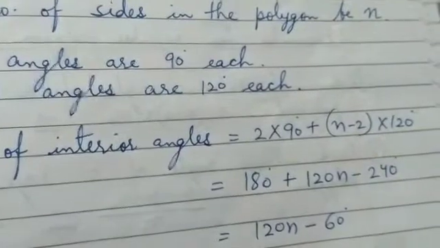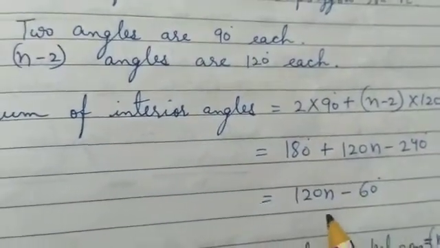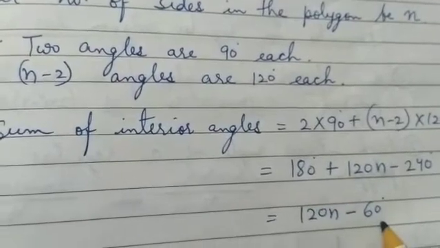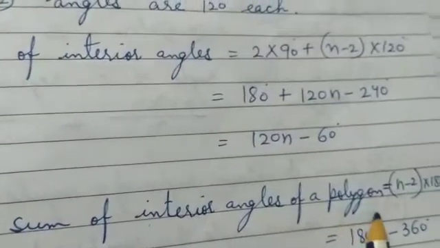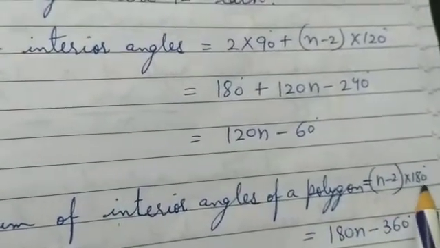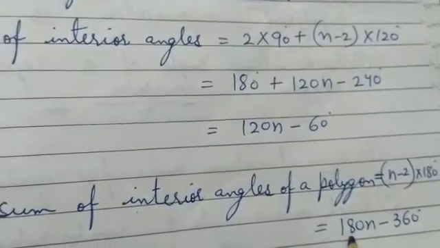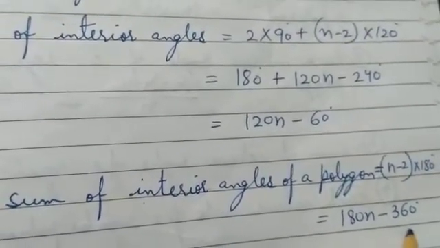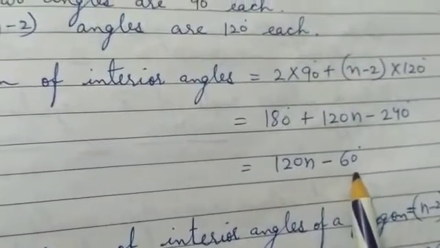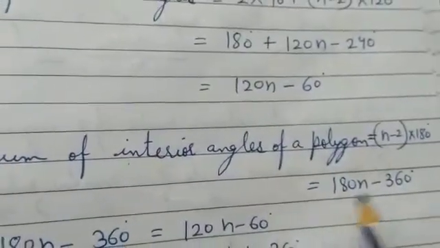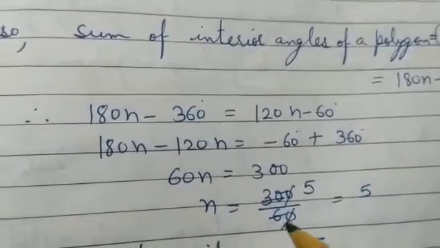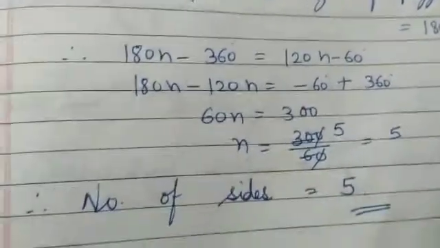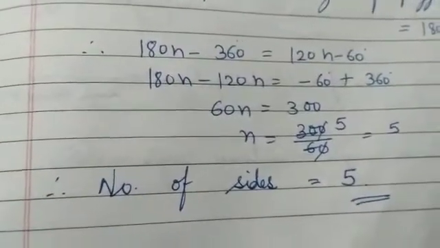When you simplify it, it will come 120n minus 240 degree. Now the sum of interior angles of a polygon is n minus 2 into 180 degree, and when you break the bracket, it is 180n minus 360 degree. So easily we can equate both. We can simplify this equation and get the value of n. So n is 5. That means the number of sides is 5.